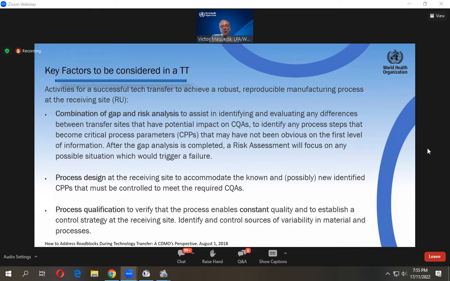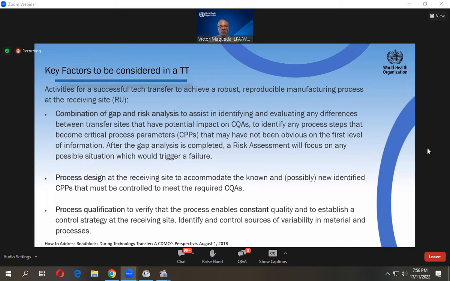In the tech transfer, there's another opportunity with a new player, the receiving company, to continue to learn from these sources of variability to know your process better. So this is an ongoing learning curve, not only for the receiving unit, but also for the sending unit.